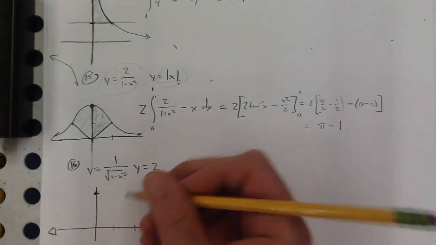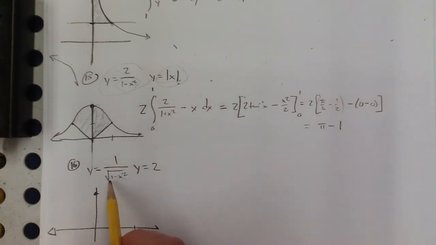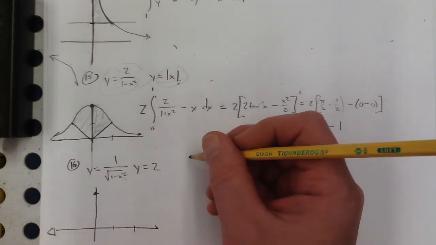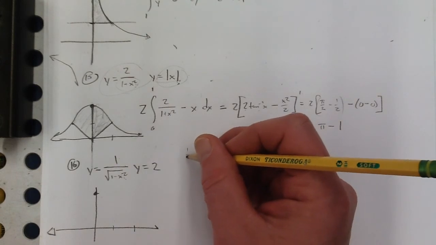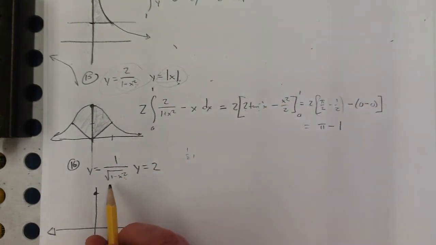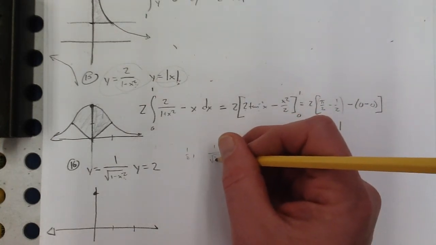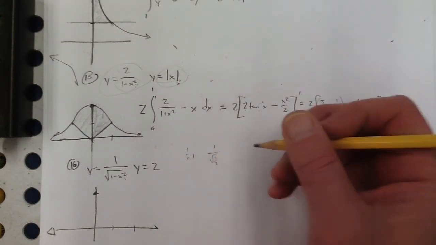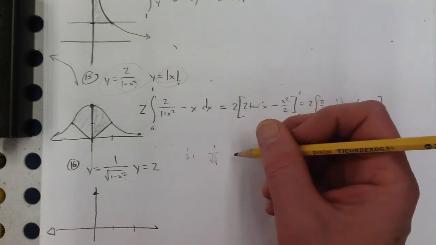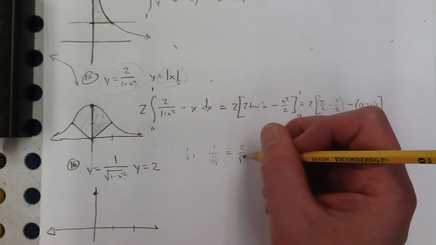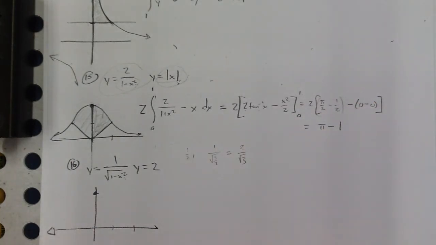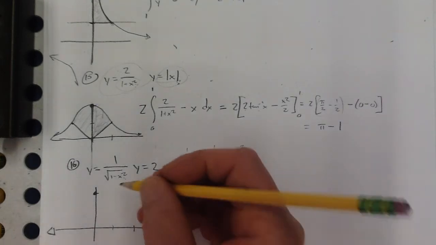If I plug in 1/2, 1/2 squared is 1/4. 1 minus 1/4 is 3/4, so that would give me 1 over the square root of 3/4, which is the same as dividing by a fraction, same as multiplying by the reciprocal. That's 2 over the square root of 3. So is this helpful for us? I guess. So that's here.